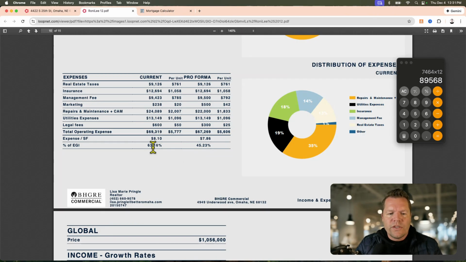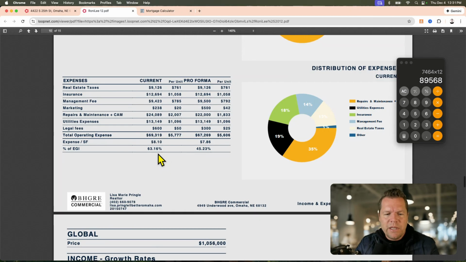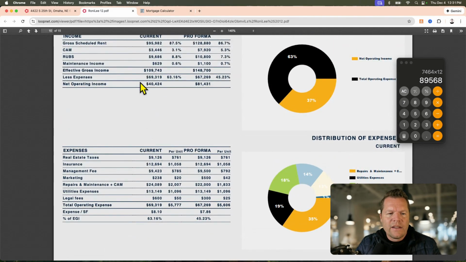This is really something to keep in mind here too. This is the percentage of expenses to gross income. Basically what this means is, if you take what percentage of this gross income are your expenses, that's what this is figuring out.